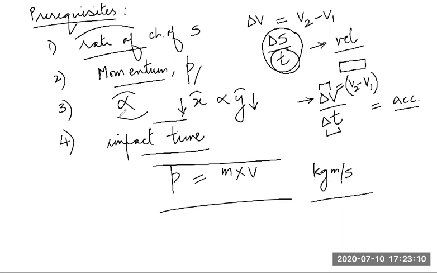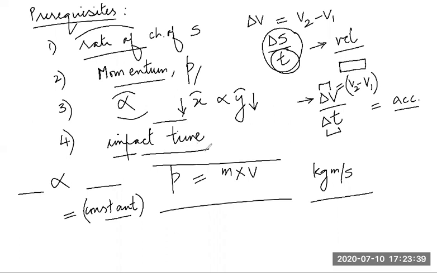Whenever you have the sign of proportionality between two things, and you want to remove it and introduce equal to, you have to introduce a constant. Why? Well, the detail can be given later on, or with other videos you will find the details. Number 4 is impact time.